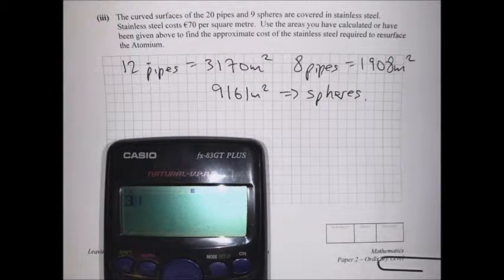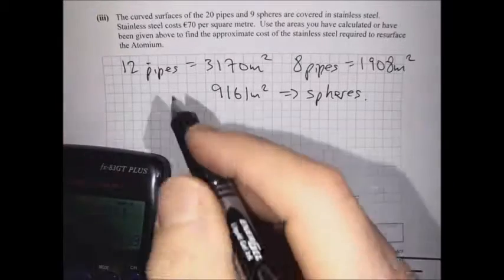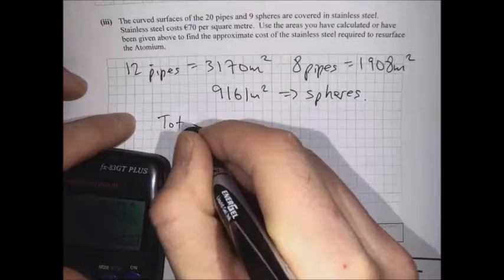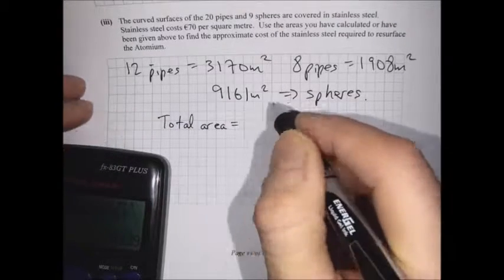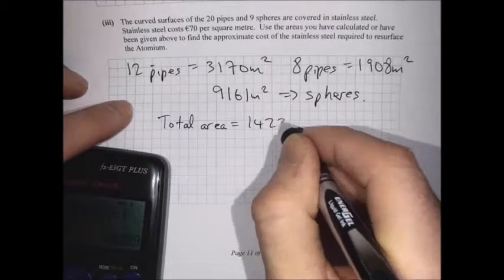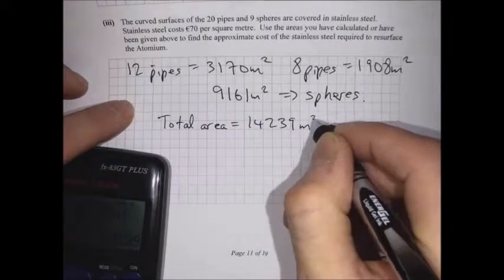So we have 3170 plus 1908 plus 9161. That's our 3 figures. So our total area of material is 14239 square meters.